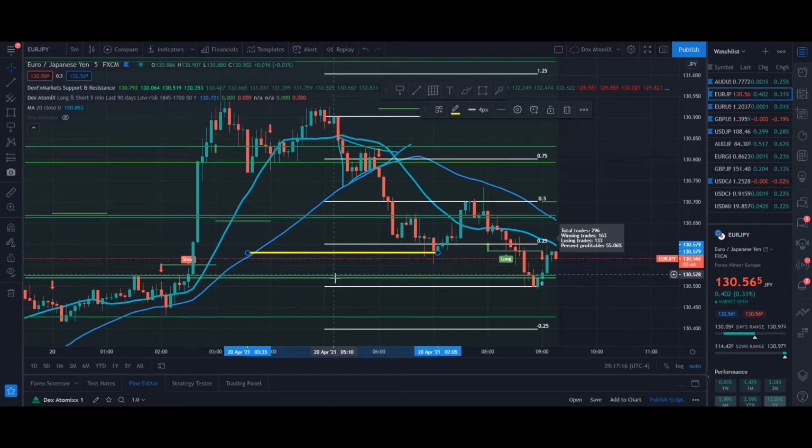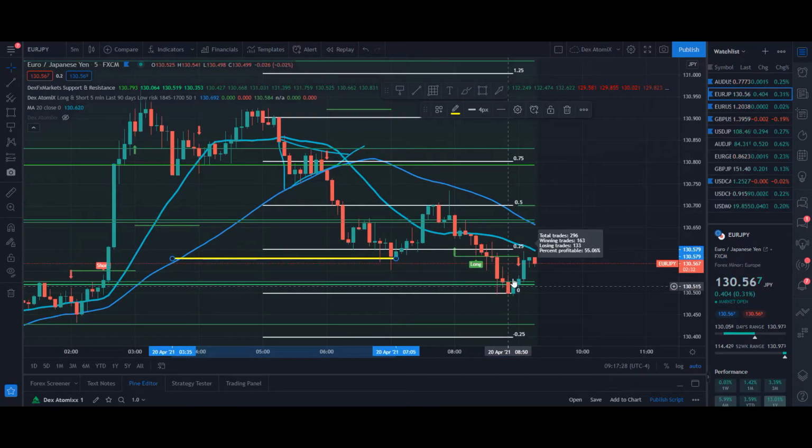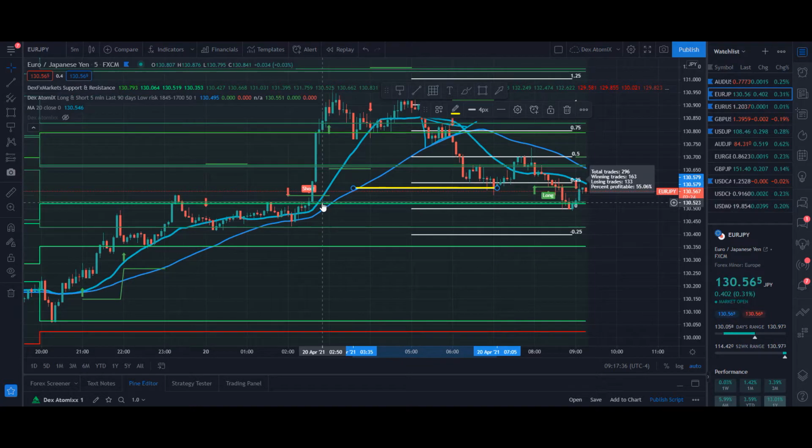The next one is down here, because this line wasn't here when this trade was happening. This was already here. It just didn't show up just now. If you see, it has value here, here, and it doesn't really have value here. Well, yeah, there it is.